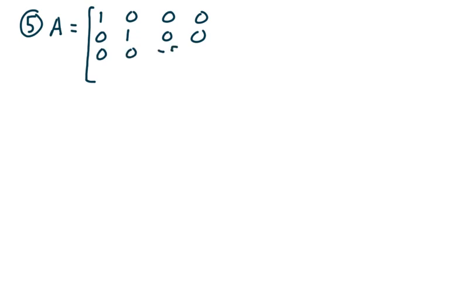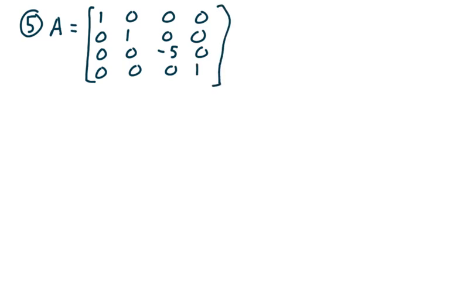Let's take a look at 5. A is the matrix 1, 0, 0, 0, 0, 1, 0, 0, 0, 0, negative 5, 0, 0, 0, 0, 1.